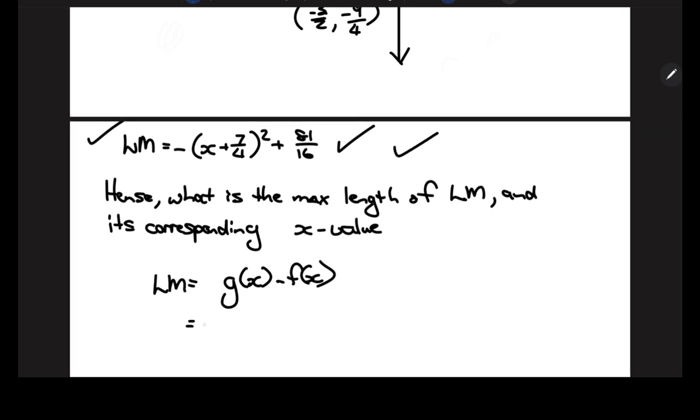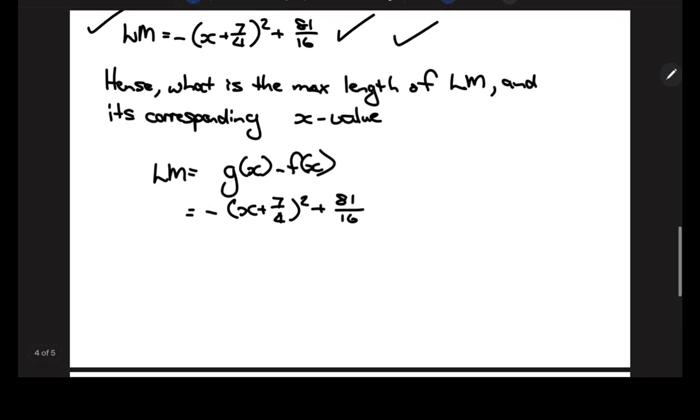And now what we've got is another parabola. And let's just draw this. It is a frowny face because it's negative. It's got a turning point there of, can you remember, you have to change that sign, negative 7 over 4 and a positive 81 over 16.